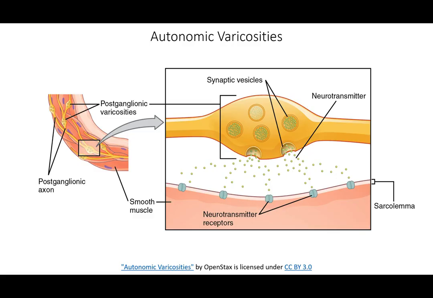Here's what that would look like. These varicosities along the axon function like that axon terminal, right? There are all of these synaptic vesicles containing the neurotransmitter. The target organ, whatever it is, has those receptors on it, kind of like a lock, that will pick up these keys, which are the neurotransmitters.